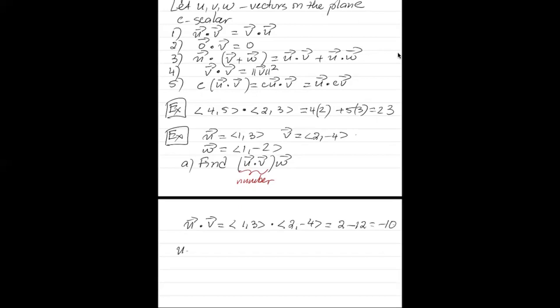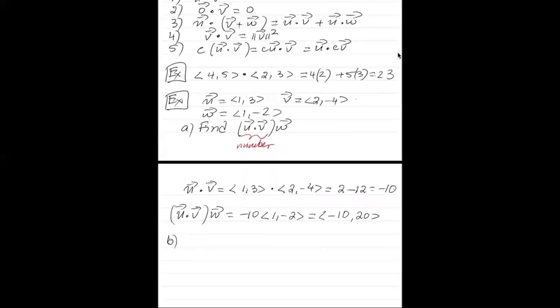And then we can multiply this dot product, which is a number, times w. So we have negative 10 times 1, negative 2, which gives negative 10, 20. And that is a vector. These are the components of that vector.